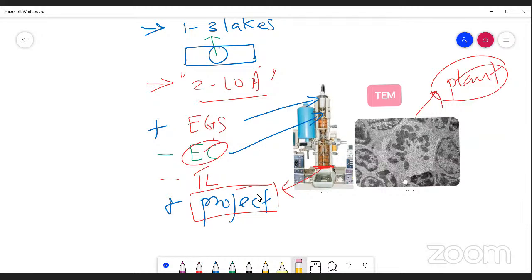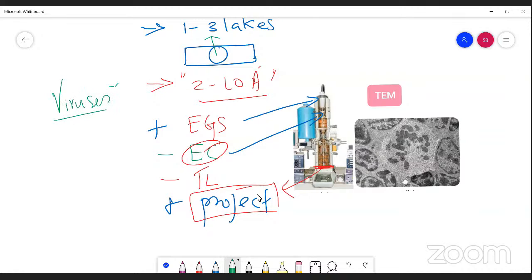Not only a plant cell can be seen, but also a bacterial cell, viral cell, mycoplasma, and cell organelles. Not only cells, we can also see viruses under the TEM microscope. We have already discussed different kinds of viruses: T4 bacteriophage, tobacco mosaic virus, TB virus.